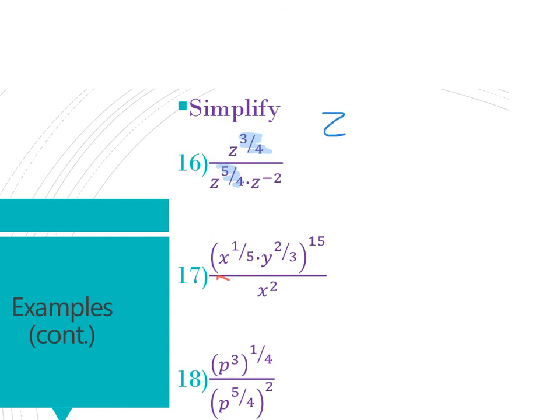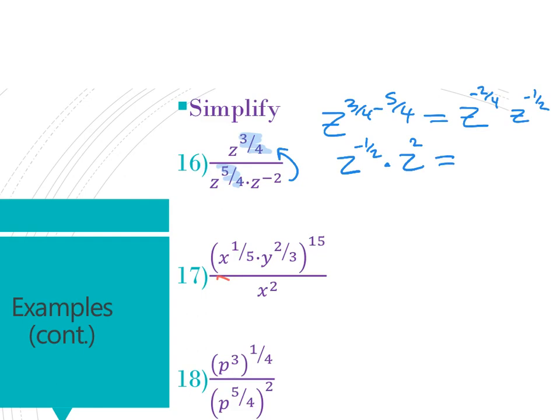So I'm gonna do z to the 3/4 minus 5/4 and get z to the negative 2/4, which is z to the negative half. And then what I have is I could move this one to the top. So then I would get z to the negative half times z squared. And then I would add my exponents here, and I would get z to the 3/2, or 1 1/2.